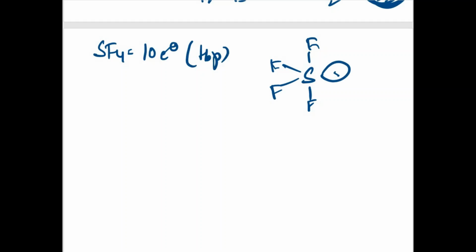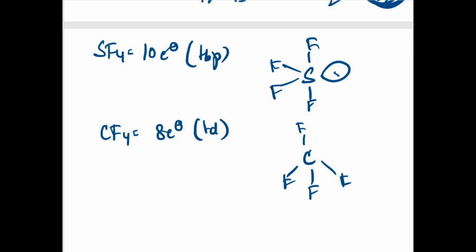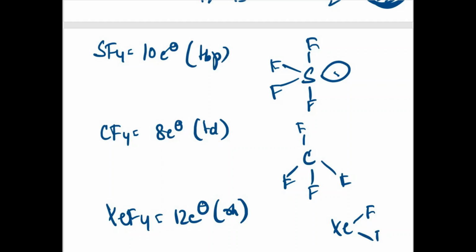CF4, 8 electrons, tetrahedral. And then XeF4, 12 electrons, octahedral. Right? This should be my structure.